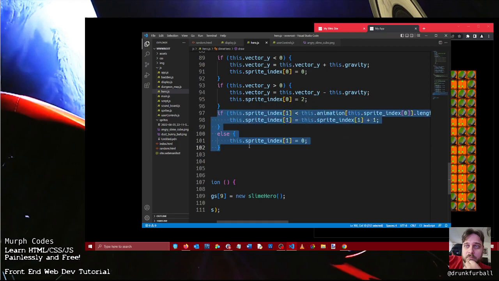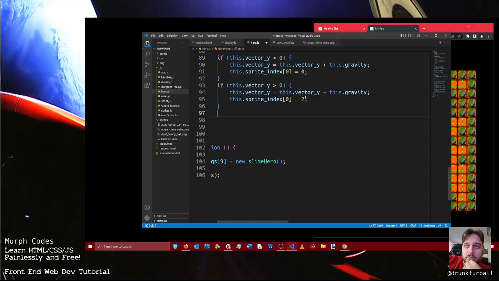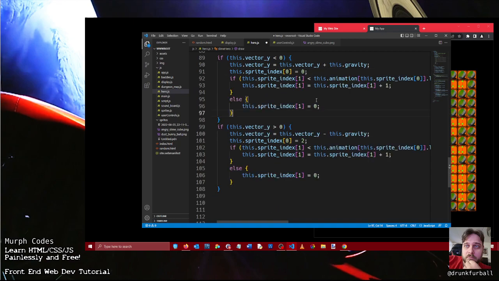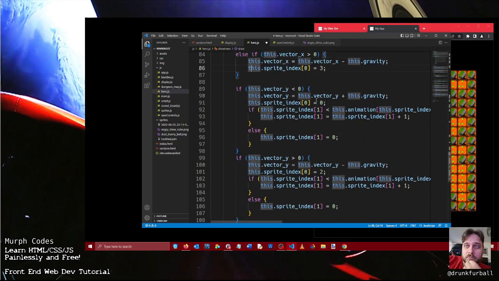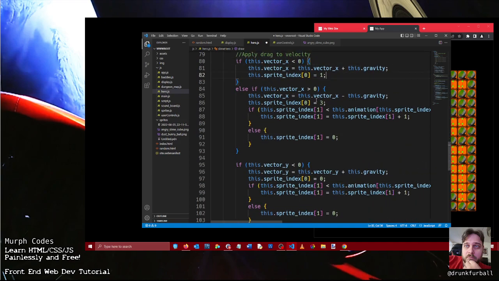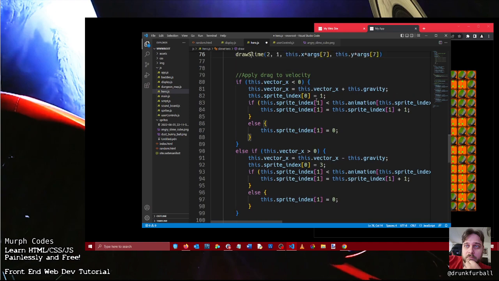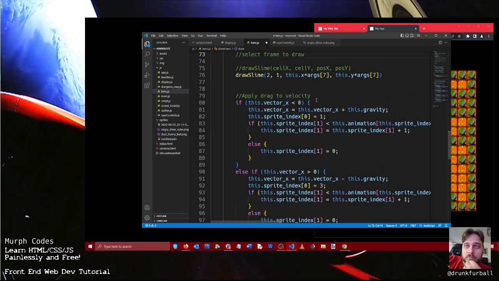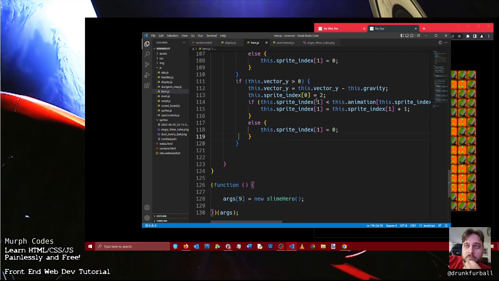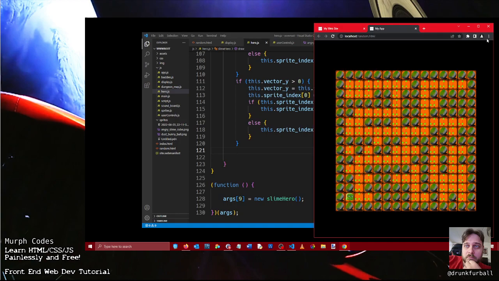Now we only want this to run when there's movement. Like if we're standing still, we don't need it to happen. Let's see if this totally screws things up for us.